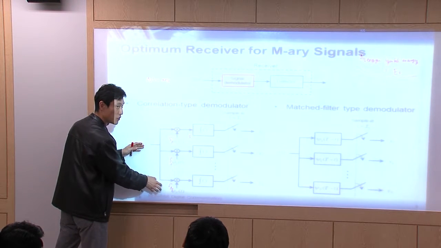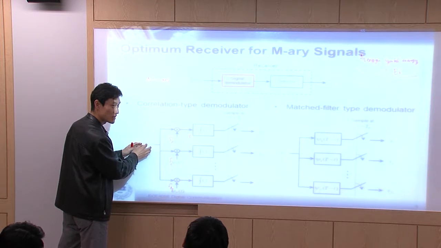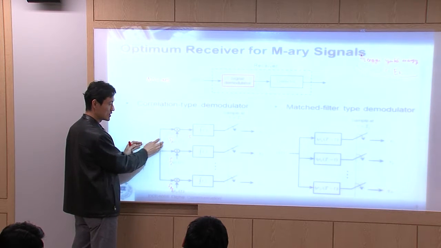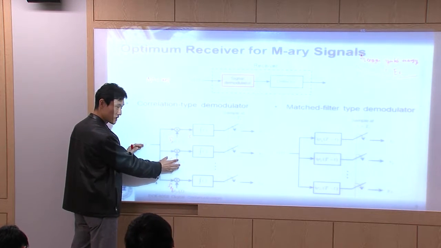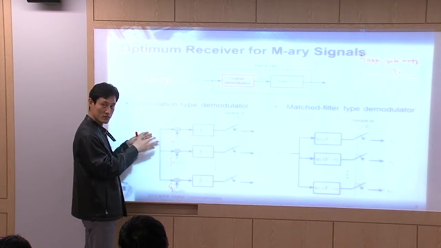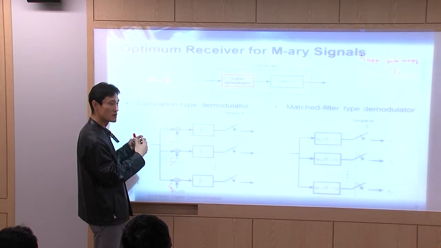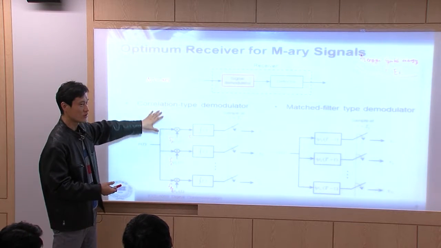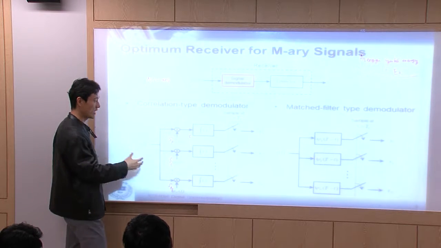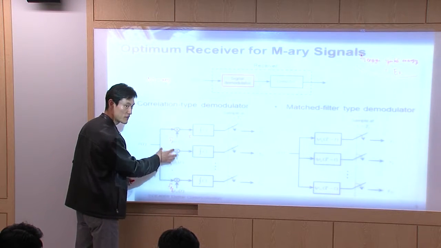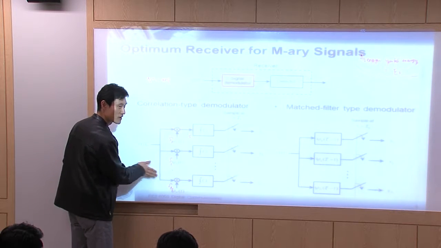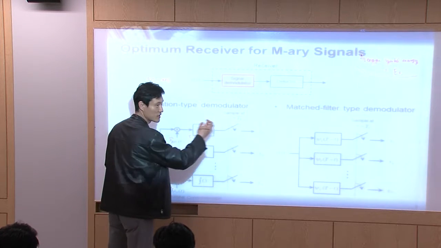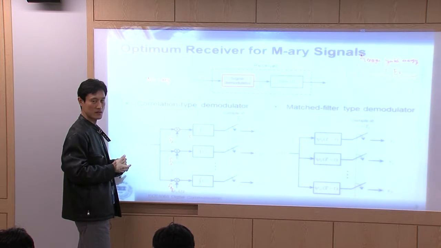Which one looks more similar? That's correlation, right? Maybe the received symbol looks more correlated with S1 than with S2. Basically, we're just trying to find which one looks closer. That's correlation, right? So even for M-ary, you can do the same thing. You already have the M different perfect signals. Now you just compare which one has a higher correlation, and pick the one with the higher correlation. That's as simple as that.